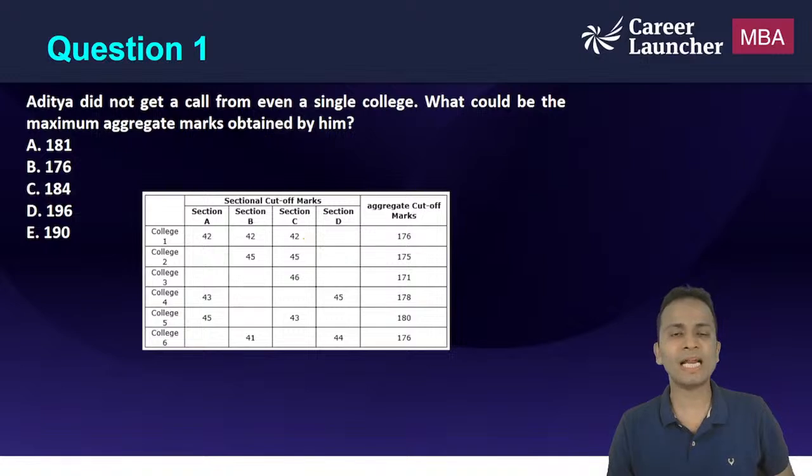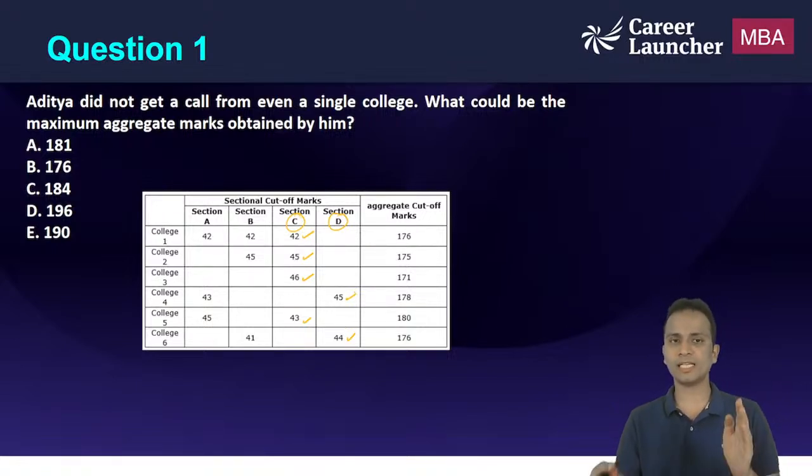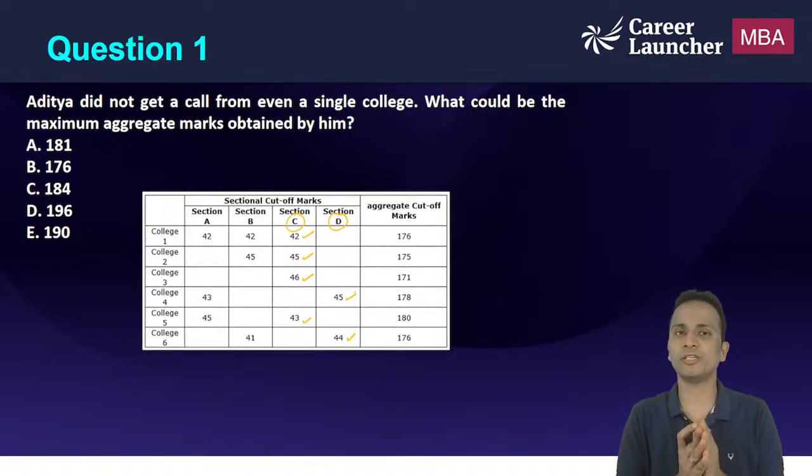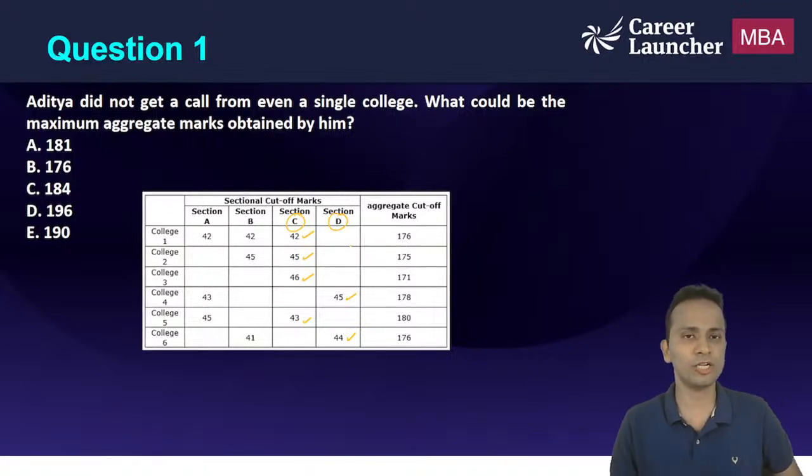Okay, now look at section C and section D. Now section C covers college 1, college 2, college 3 and college 5. And section D covers college 4 and college 6. So can I say that these 2 sections cover all the 6 colleges?